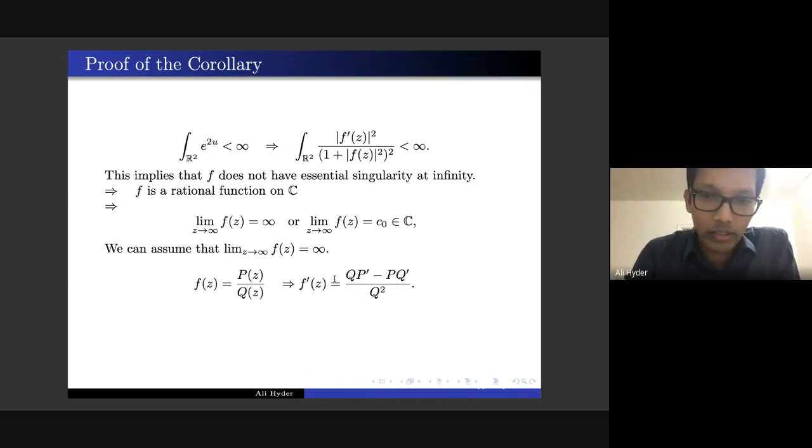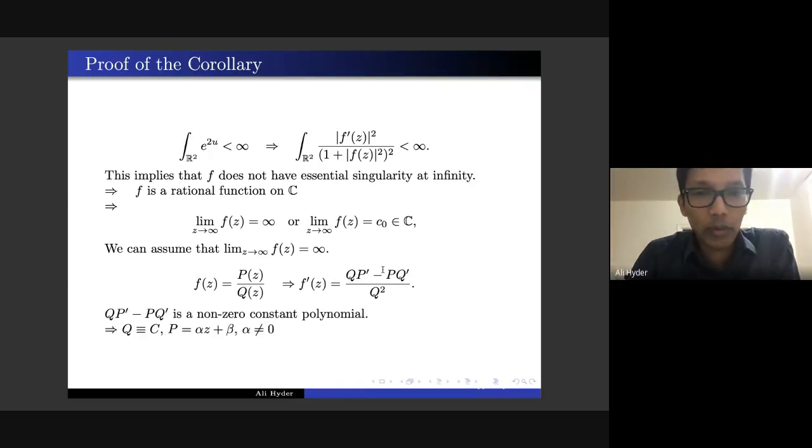So that means q p prime minus p q prime, which is a polynomial, cannot vanish. So it has to be a non-zero constant, because if it is a polynomial of some degree, then it has a zero. That cannot happen. And q has to be identically constant. These are the only choices.